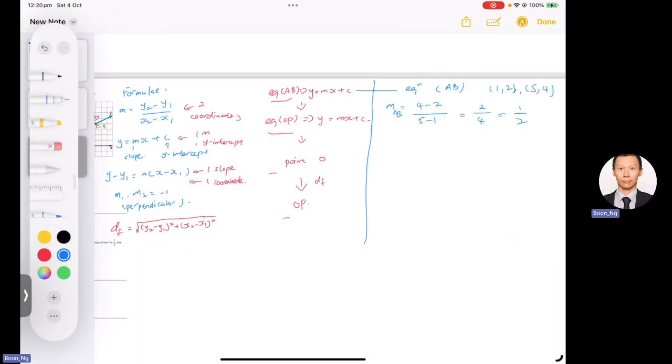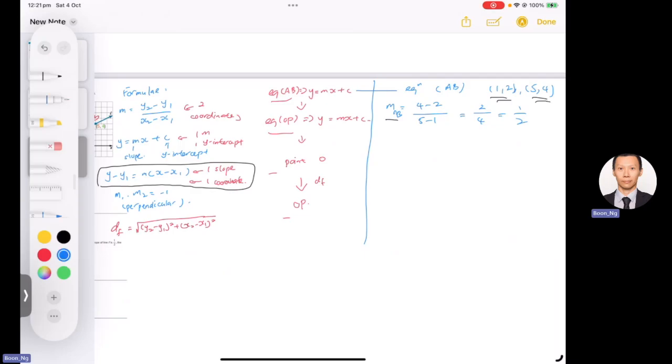After that, we can use this formula. We have one slope, which is m of AB. We have two coordinates, and we just need one of them.